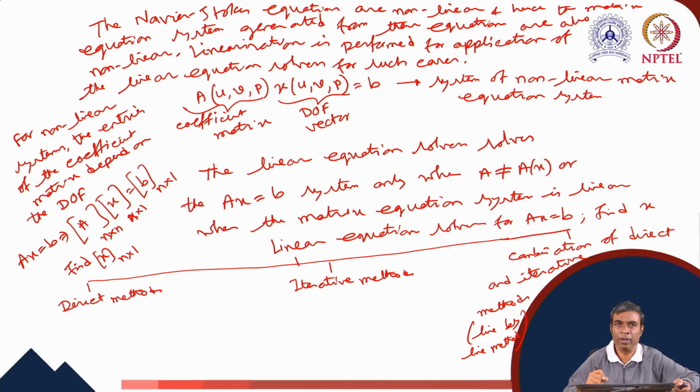As the name indicates, the line by line method requires a structured mesh. We need the grid lines in the mesh, and because of that, for unstructured mesh applications, this method cannot be used.